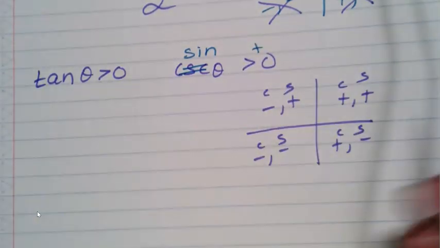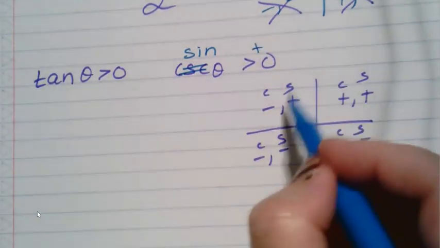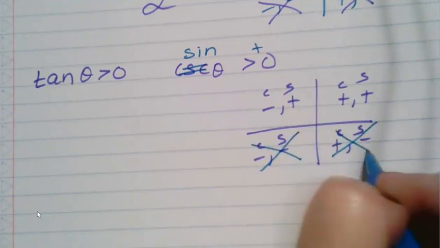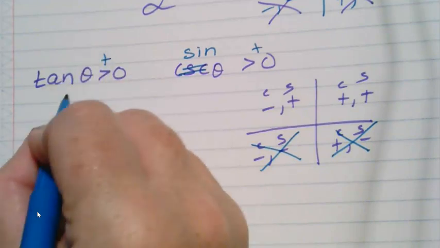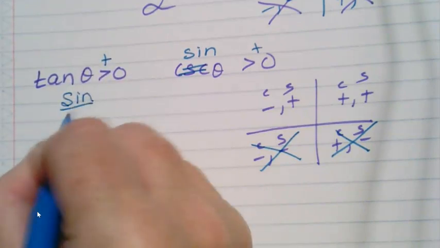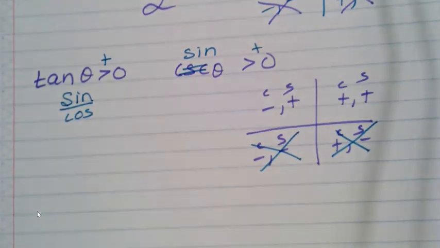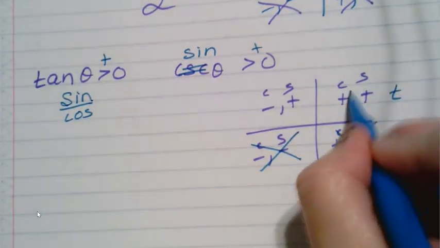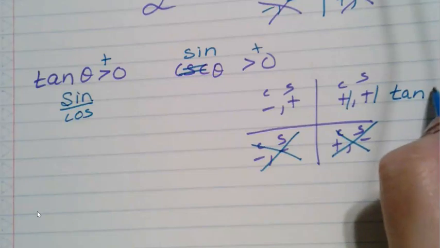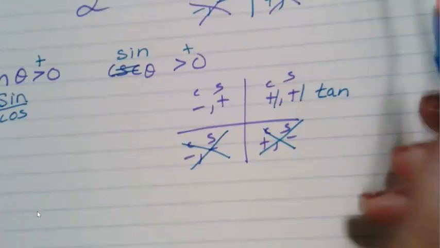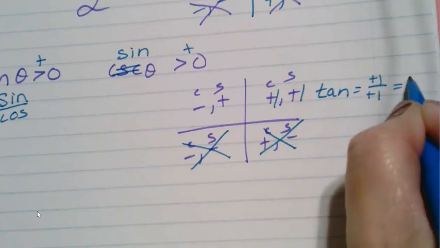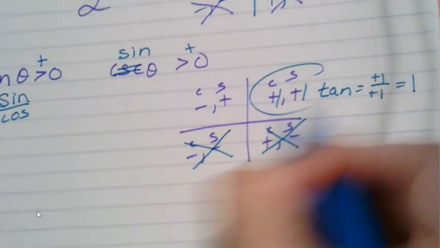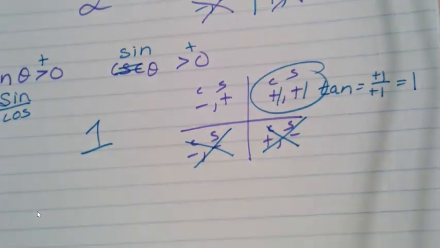So sine is positive again. So sine is positive here and here, not here and here. And then here, tangent is positive. So remember, tangent is just sine over cosine. Okay, we treat these as 1, so this is tangent of positive 1 divided by positive 1 is positive 1. And that's what we wanted. So the answer here is quadrant 1.